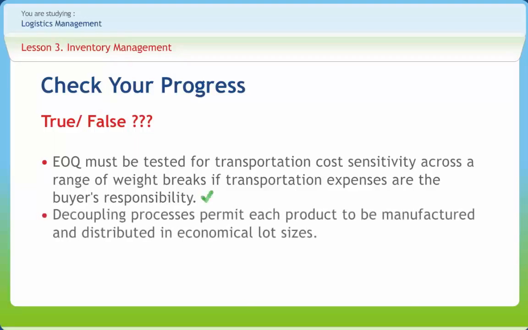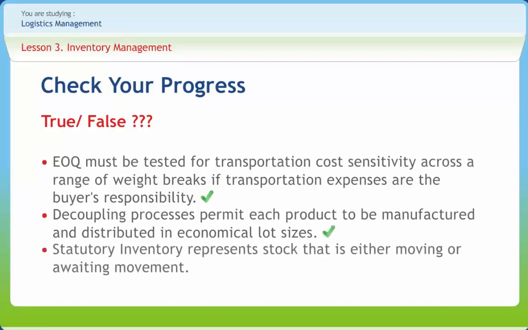Decoupling processes permit each product to be manufactured and distributed in economical lot sizes. True or false? True. The last sentence says that the statutory inventory represents stock that is either moving or awaiting movement. True or false? False.